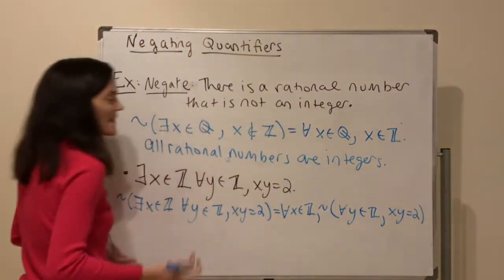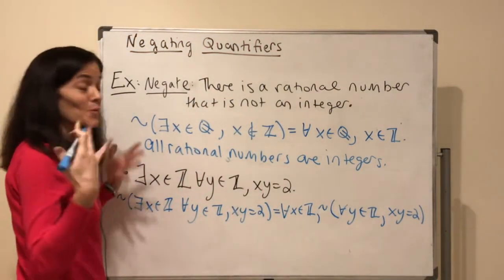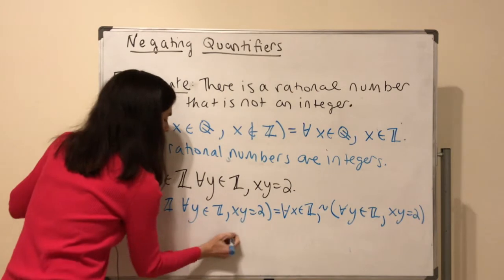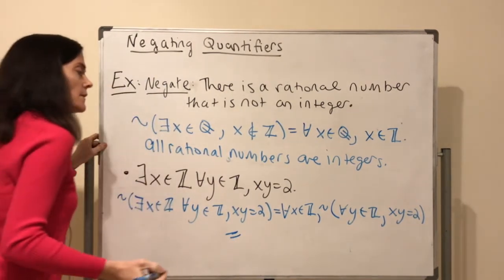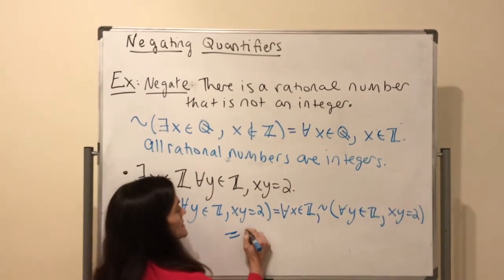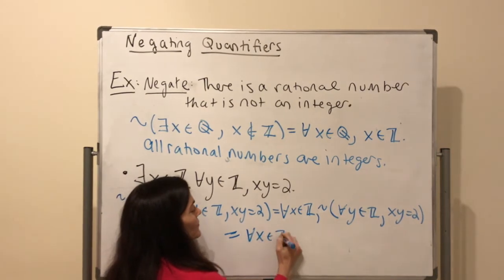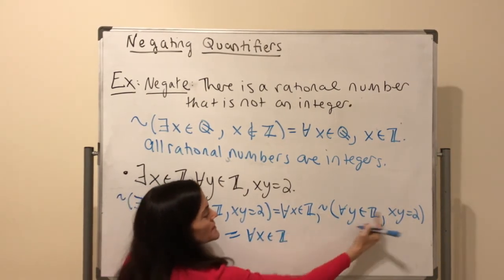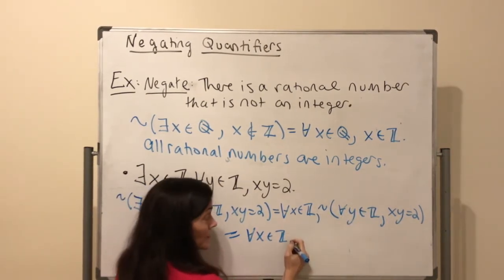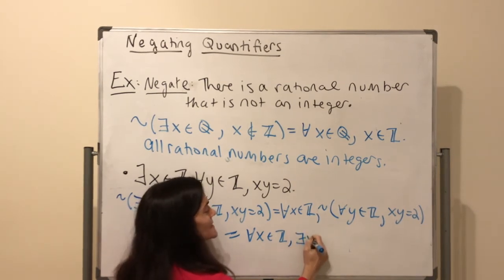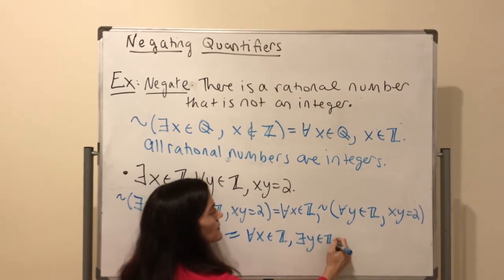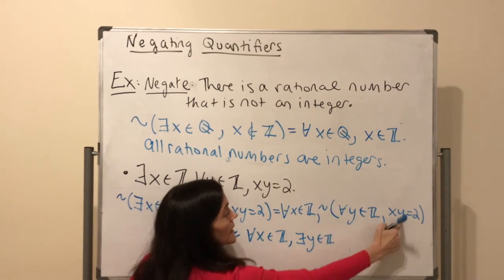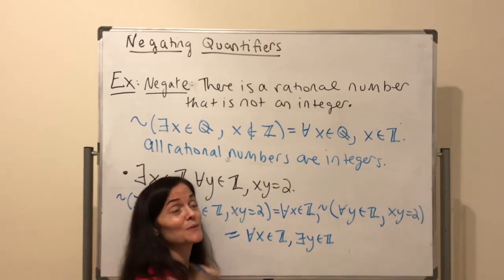Okay? And then we just move the not in one more time. And when we do this, this stays the same. When we move it inside, the for all becomes there exists. And then we negate xy equals 2. This would say x times y is not equal to 2.